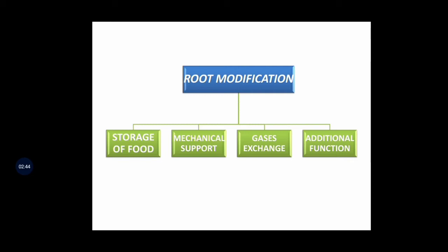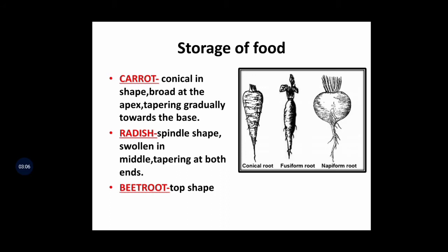In order to give mechanical support to plants or trees, the root can be modified. In order to exchange gases also, the root can be modified. And for additional functions like sucking of nutrients, the roots can be modified. Let us learn one by one.